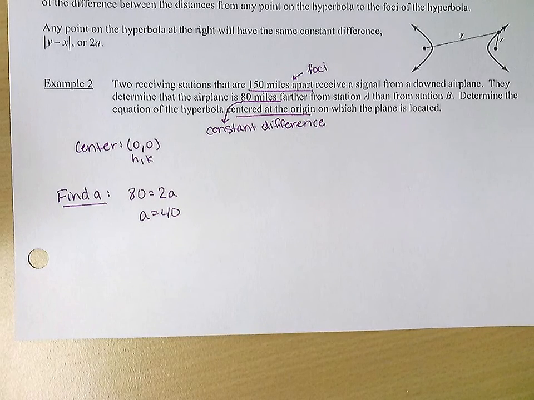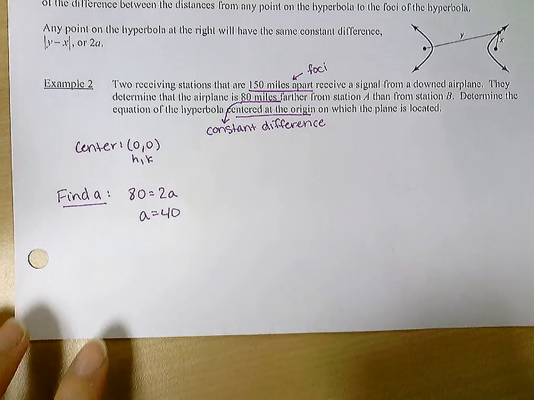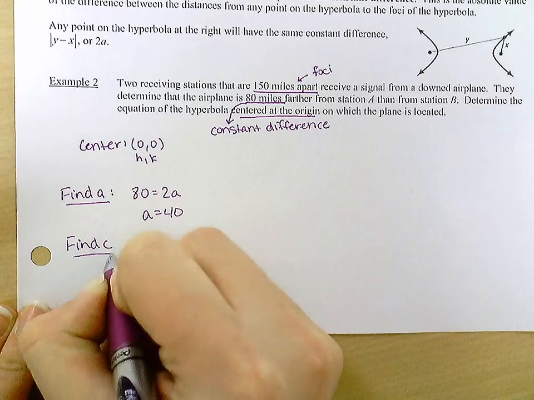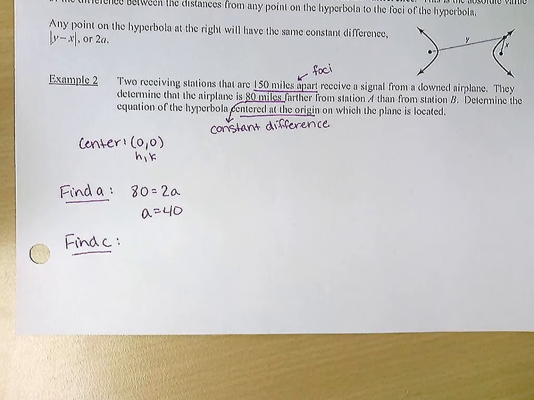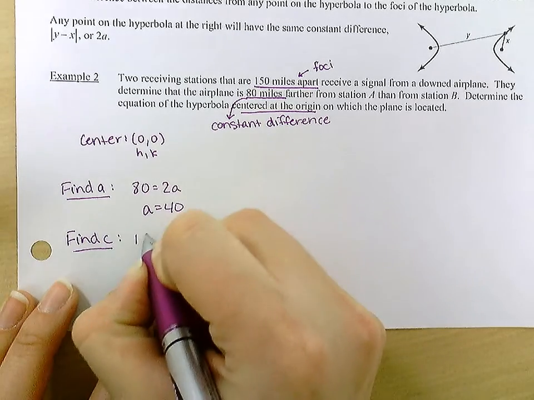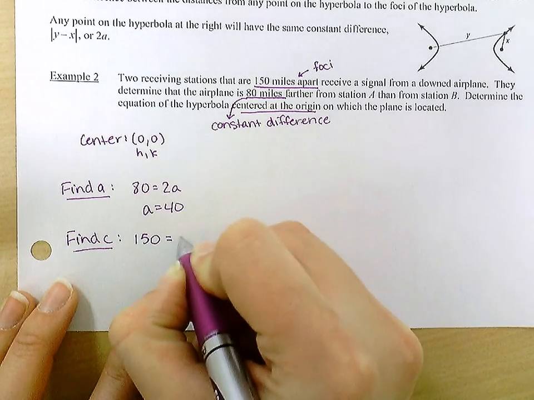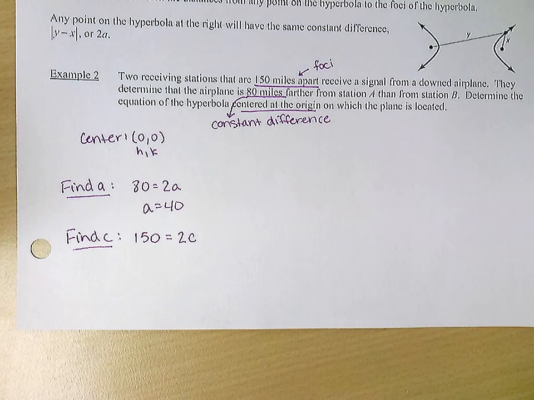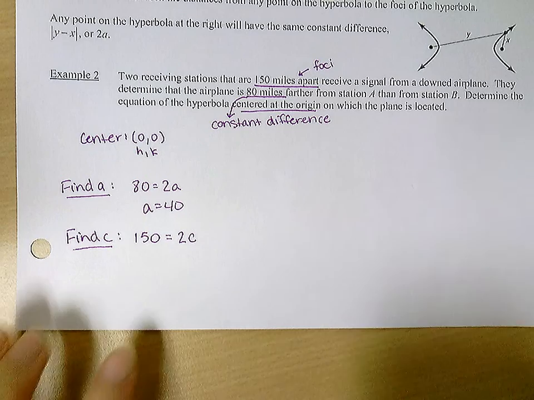Since we're given the receiving stations are at those foci points, and foci is found using c, we're going to find our c value in order to find that b value. So I can take that 150 is equal to 2c, because the distance between those two is 2c.